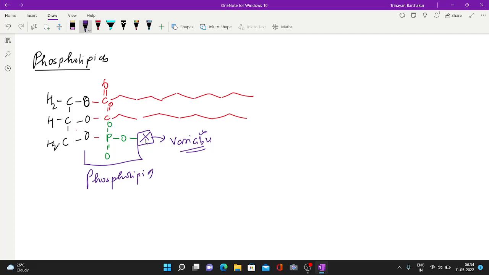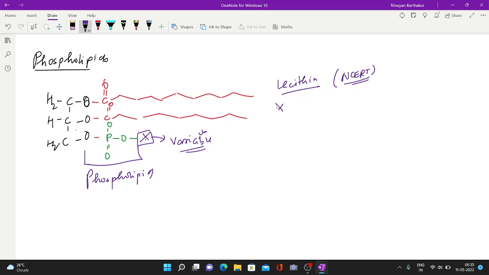One such example is given in your NCERT, where the phospholipid is named lecithin. The structure is given there. You can look at it carefully.